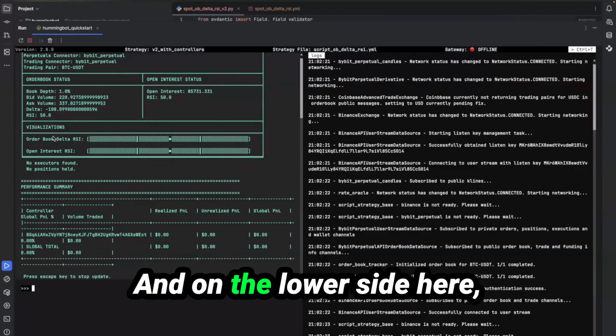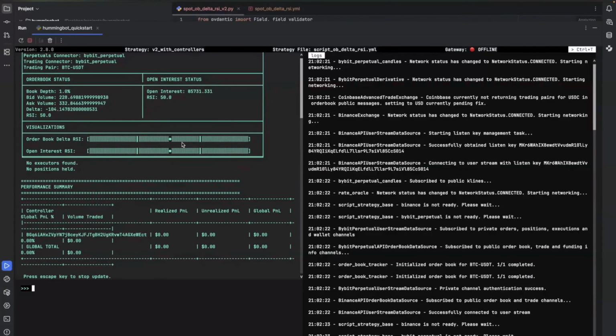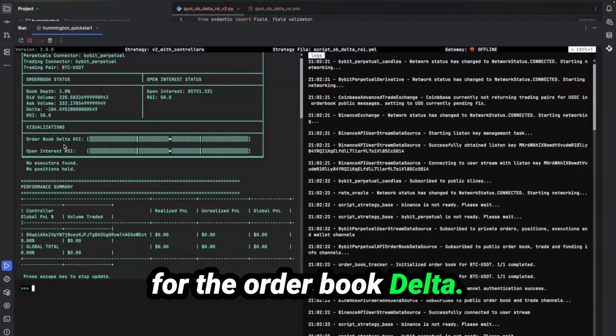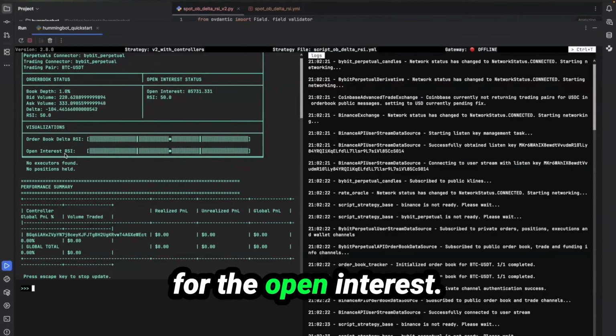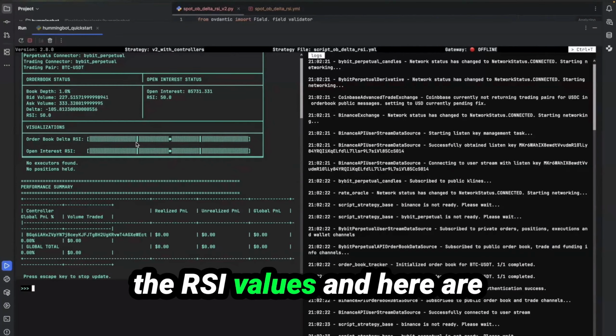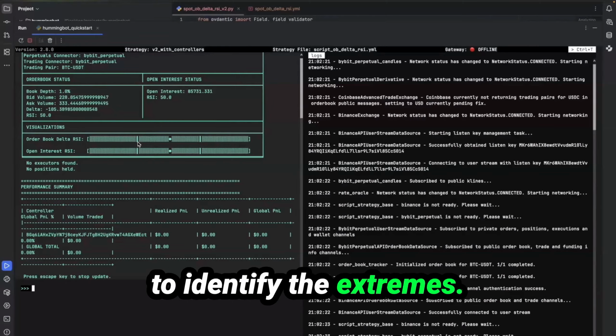On the lower side here, I created a visualization for the RSI metrics, on the top one for the order book delta and on the lower side for the open interest. These dots that you see are the RSI values, and here are the bounds or thresholds to identify the extremes.